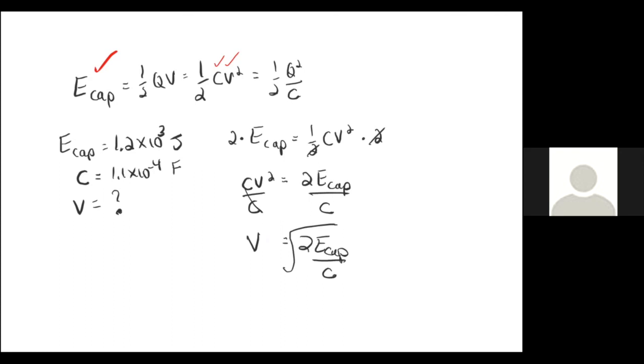So the voltage needed to store this amount of energy is going to be the square root of 2 times 1.2 times 10 to the 3 joules divided by my 1.1 times 10 to the minus 4 farads. And that gives me a potential of 4.67 times 10 to the 3 volts.